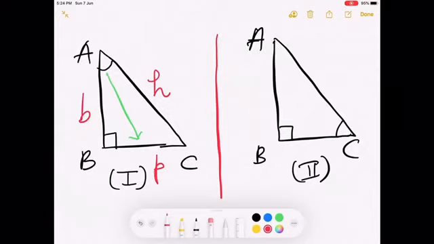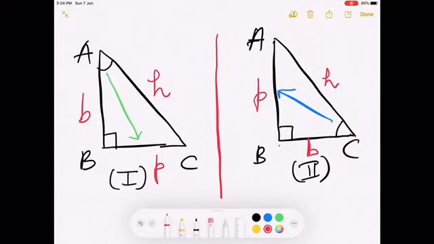Same way in the second figure, if I take angle C as the angle of reference, then the side opposite to angle C, the side AB, will be the perpendicular, and the side BC, which is making up angle C, apart from the hypotenuse AC, will be known as the base.